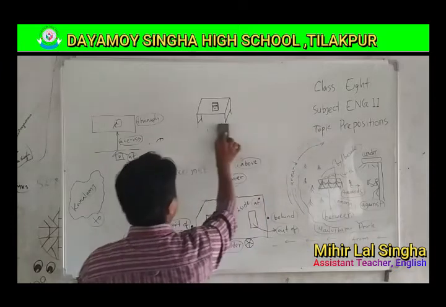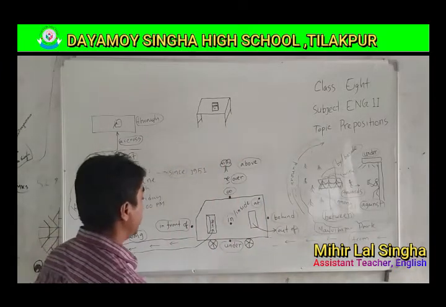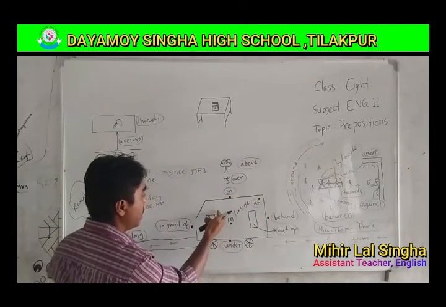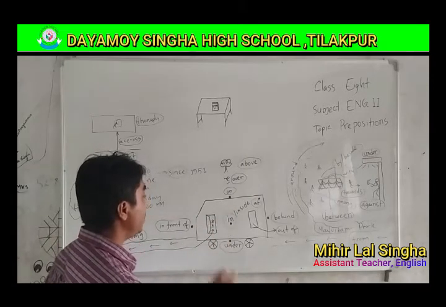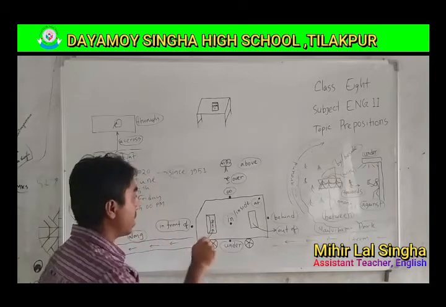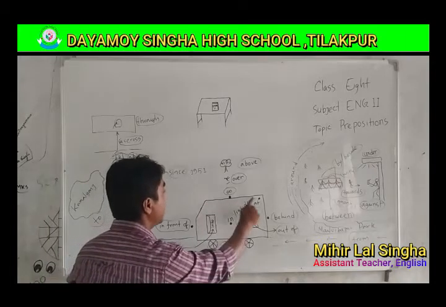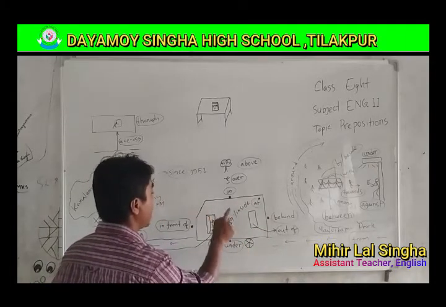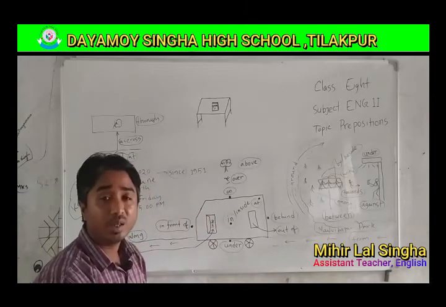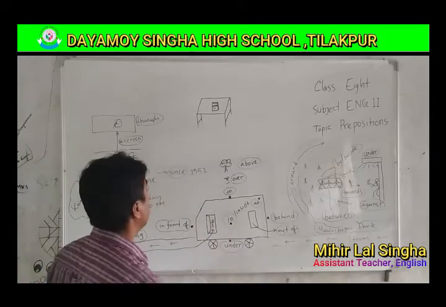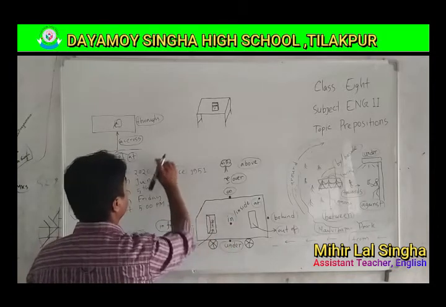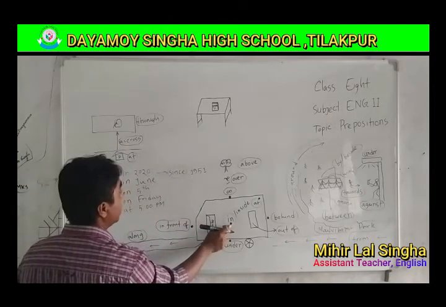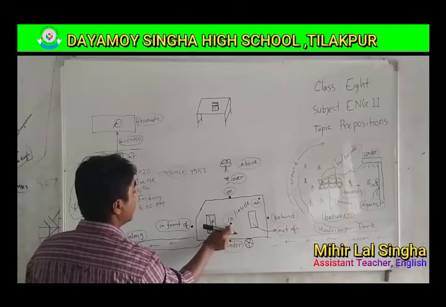Now let's talk about the next picture. So this is a car, suppose this is a car, and if we place something in the car, that means inside the area of the car, then we can use the preposition 'in'. So suppose there is a box. Say it's a box.